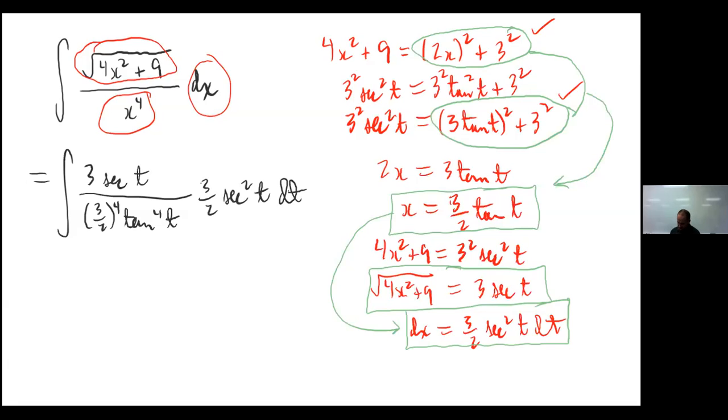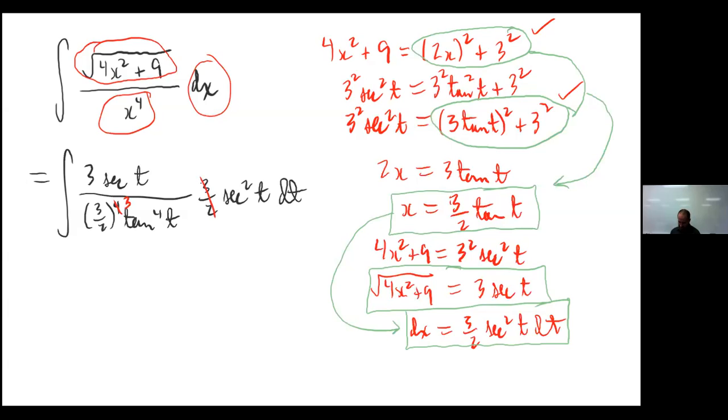Now let me ask you a question. Can I cancel some stuff? What can I cancel? You can cancel a lot. You can just cancel all the coefficients and move them out in front of the integral. So I can cancel an entire 3/2, correct? So there are 3 of those left.